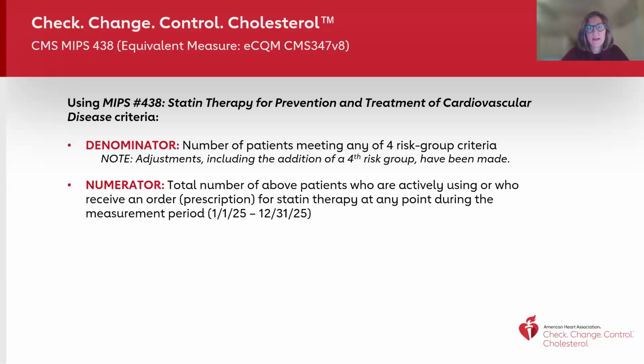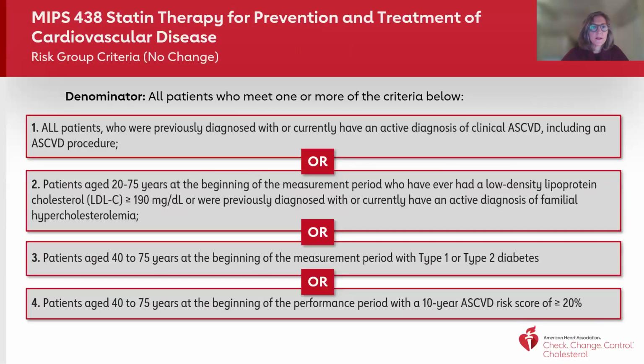So in the next slide, we'll dive into those four risk groups that can make a patient eligible for the denominator of this measure. The first is for all patients who have been previously diagnosed or have an active clinical diagnosis of atherosclerotic cardiovascular disease, ASCVD, including that of an ASCVD-related.